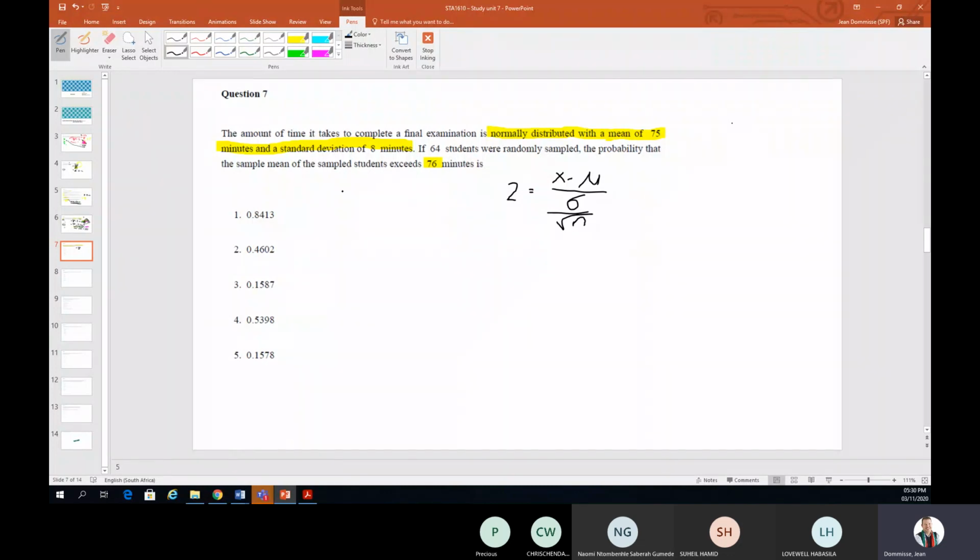We need to work out the probability that the sample mean exceeds 76. So we need to work out the Z when Z is bigger than 76. The standard deviation was 8 minutes.